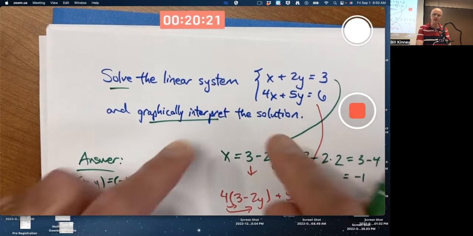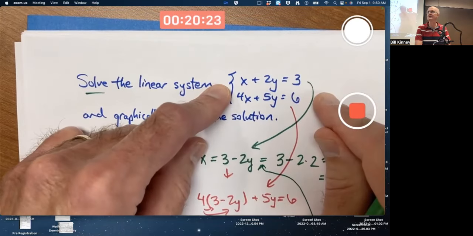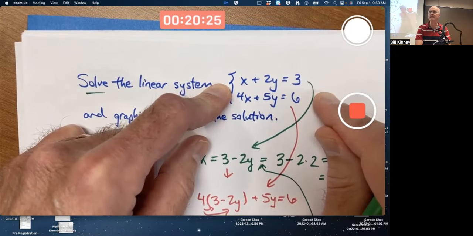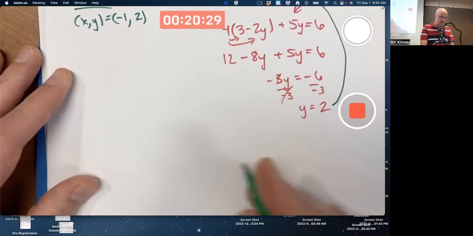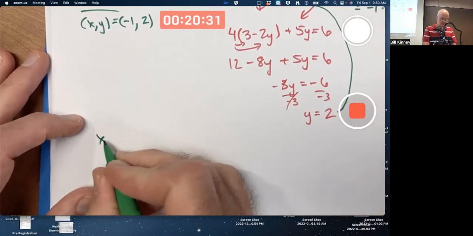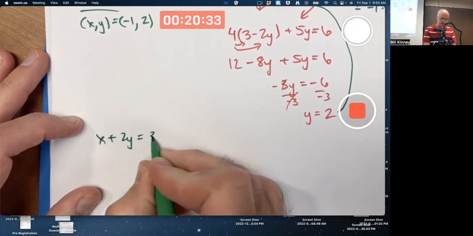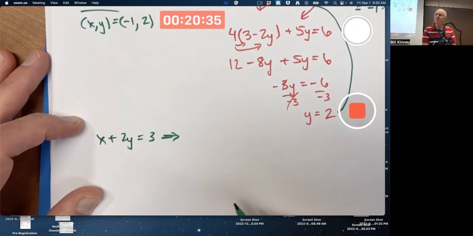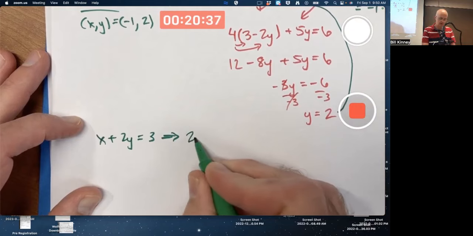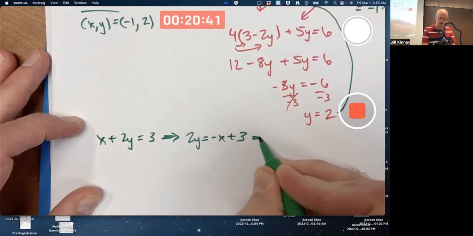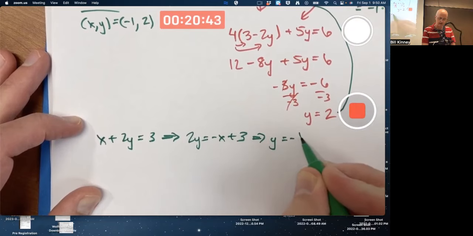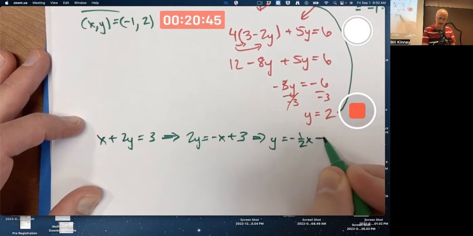As far as the graphical interpretation, you know linear equations like this have graphs that are straight lines. Maybe you prefer writing the equations in slope-intercept form. Most people do. With this first one, you'd get a slope of -1/2 and an intercept of 3/2.